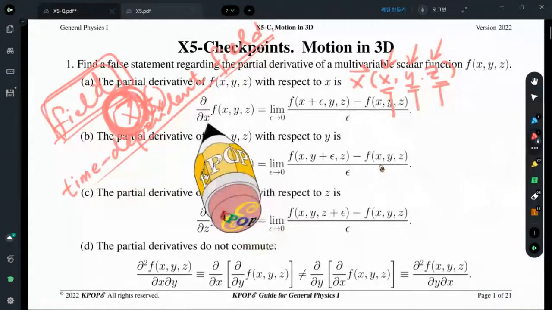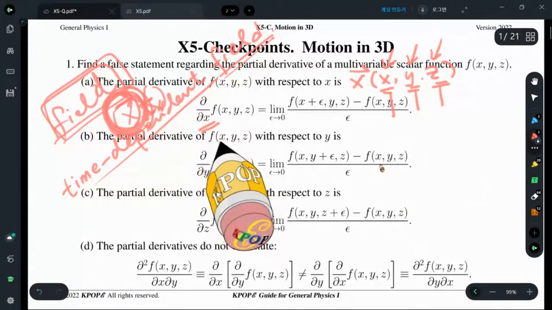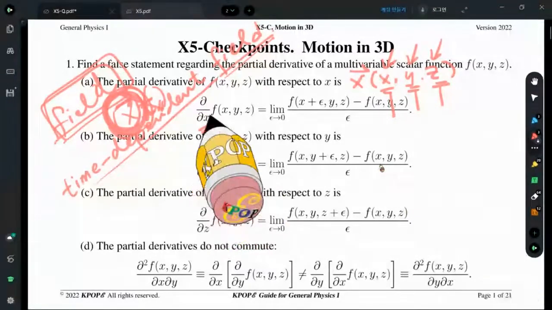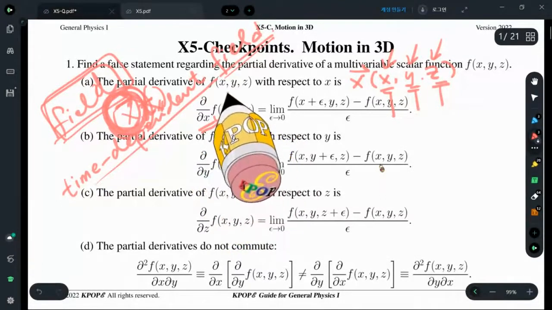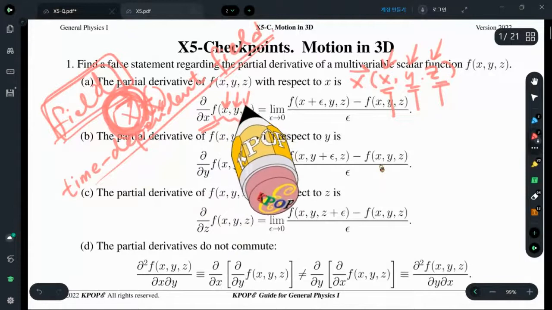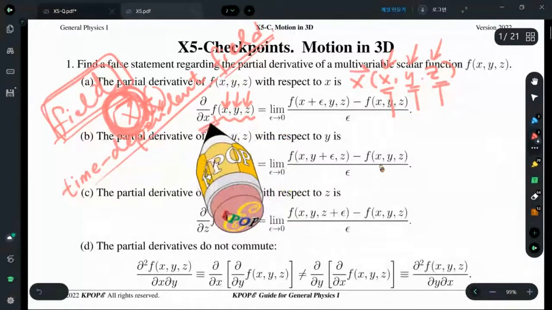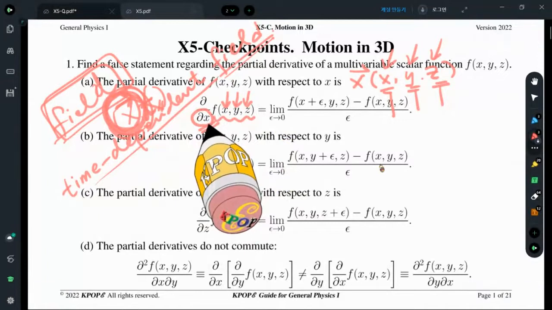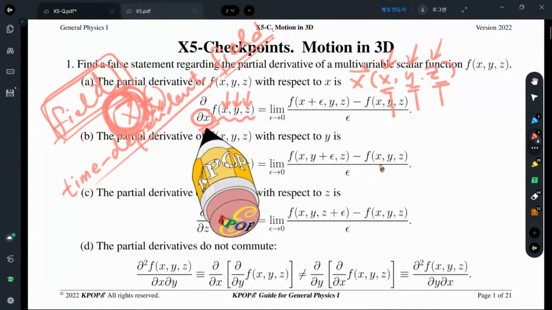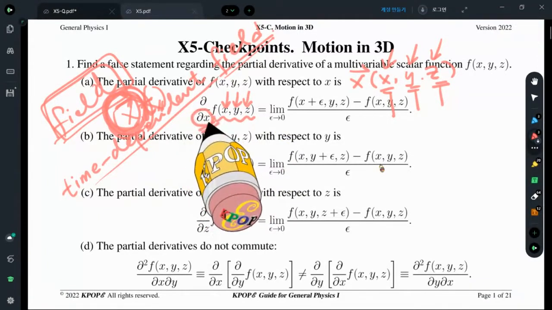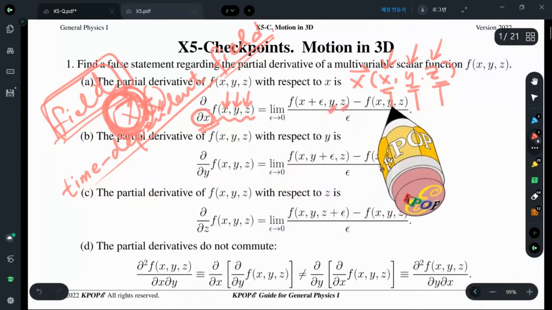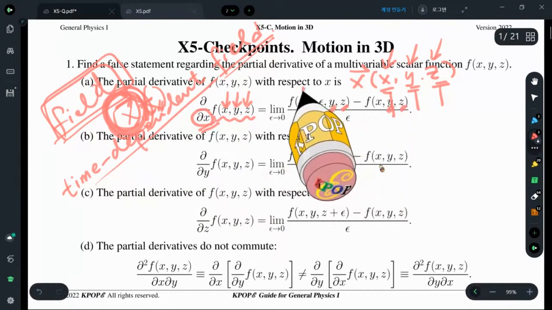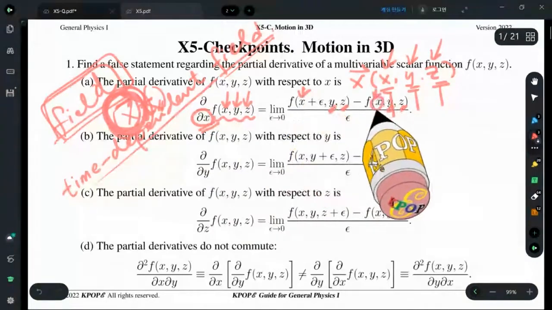So partial derivative is simple. It's a derivative, but because the function is a multivariable function, it depends on x, y, and z. So if I take the derivative with respect to x only, then I say it is a partial derivative with respect to x. That means keep y and z the same and vary only the x component.